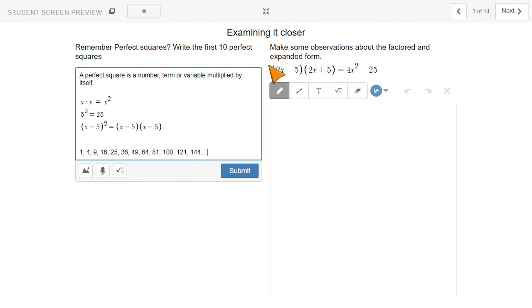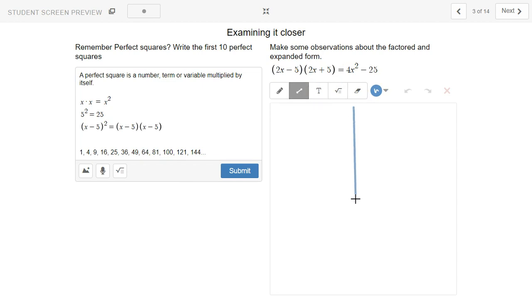Now, because these are special trinomial or special expansion ones, let's examine what we have. I'm going to look at the factored form, and I'm also going to look at the expanded form. When we look at the factored form, we see that these are in brackets.